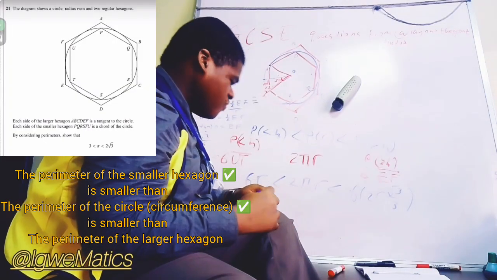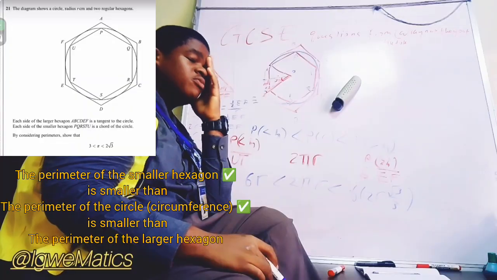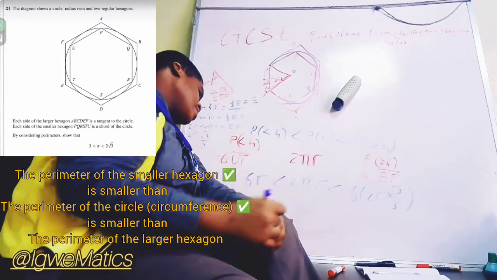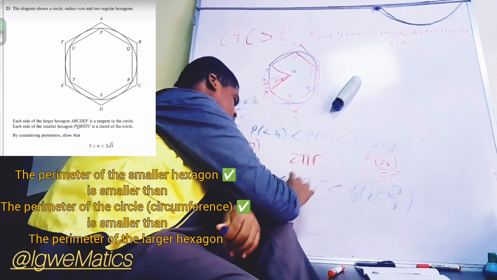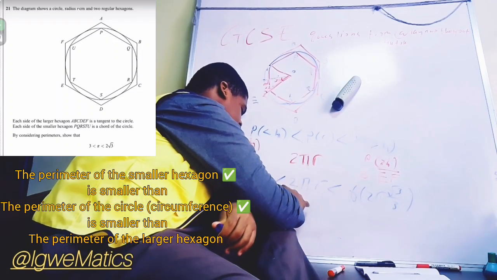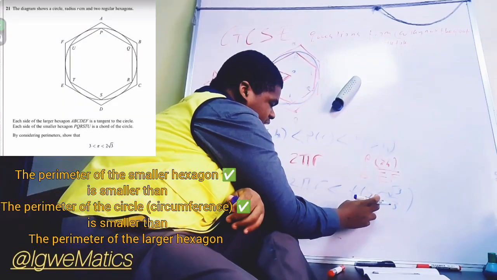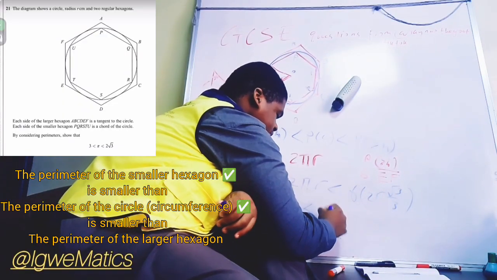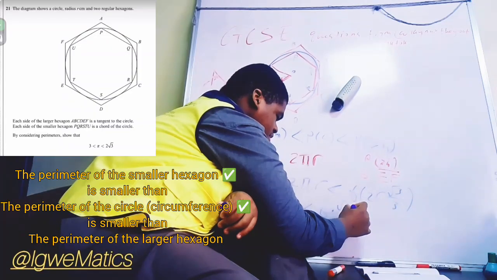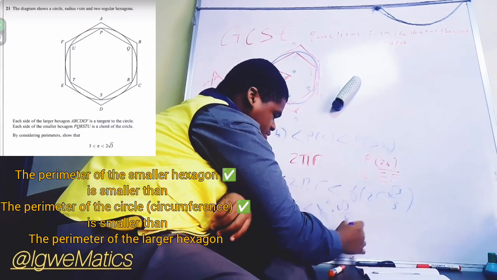What they asked us to prove was in terms of pi and not 2 pi r. So you have to divide both sides by 2r. 6r divided by 2r is 3, which is less than 2 pi r divided by 2r is pi, which is less than 6 times 2r root 3 over 3 divided by 2r, which will be 6 times root 3 over 3. 3 here 2, 3 here 1.